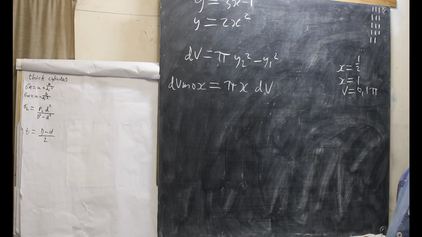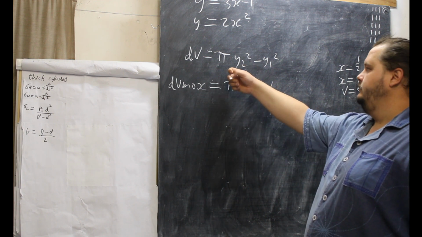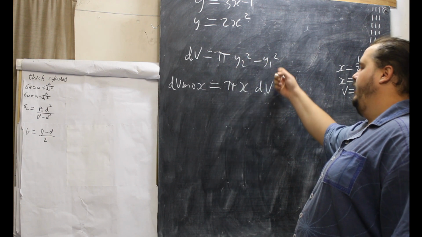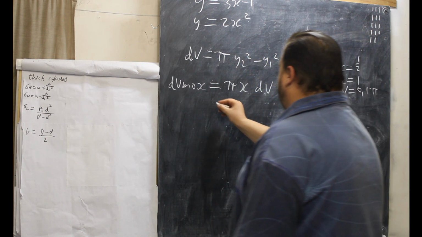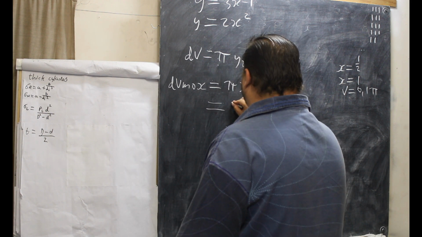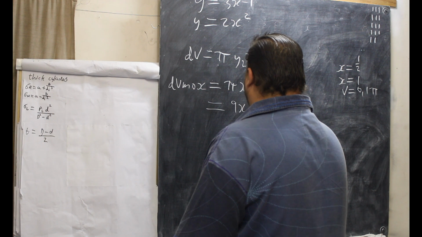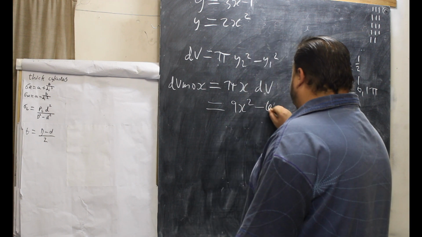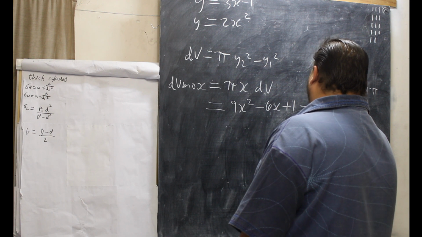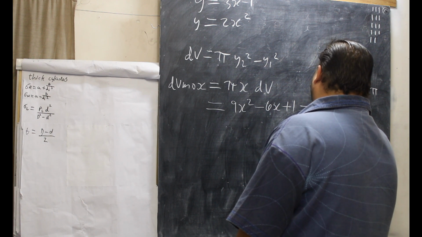Okay, so dV, as we know, is y2 squared minus y1 squared. So we're not going to go through the whole saga of doing it all over again. So we've got 9x squared minus 6x plus 1 minus 4x to the power 4.